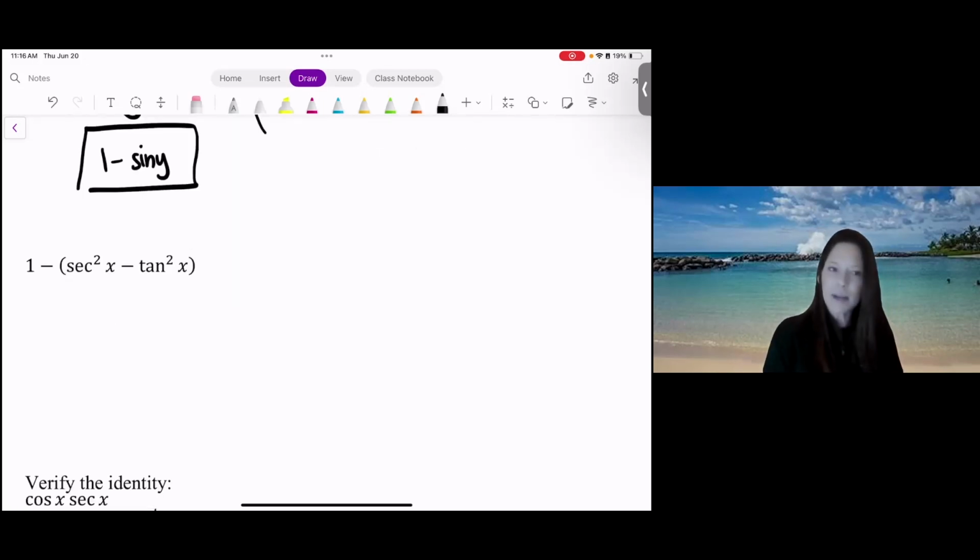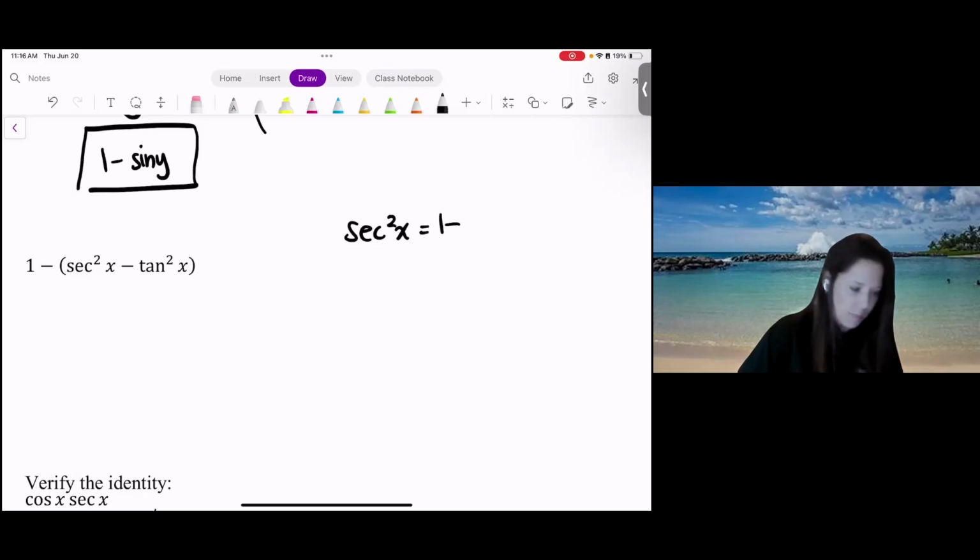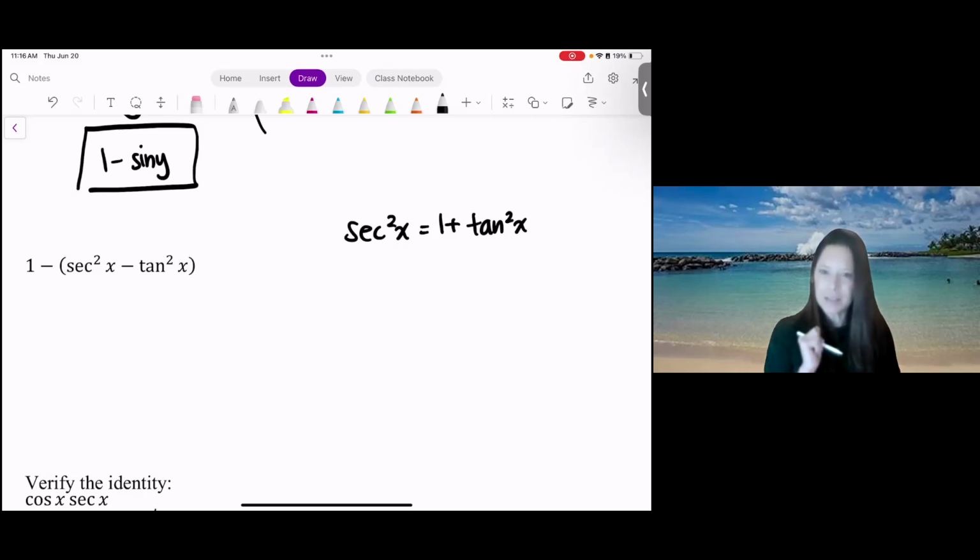Secant squared of x and tangent squared of x, I have 1. Well, I do have some Pythagorean identities that involve secant squared and tangent squared. I know that secant squared of x is equal to 1 plus tangent squared of x. I'm going to substitute that into my equation here. Instead of secant squared of x, I'm going to write 1 plus tangent squared.